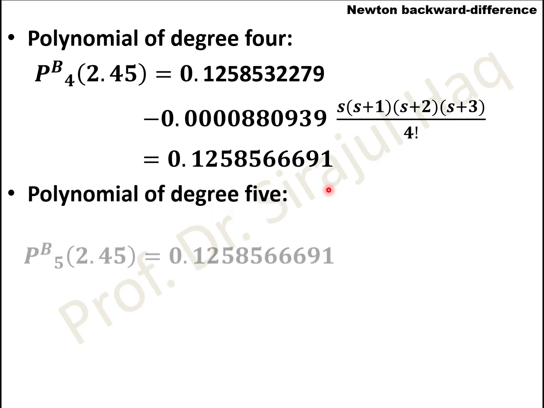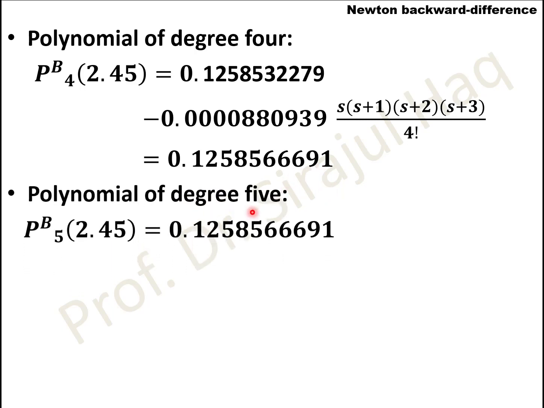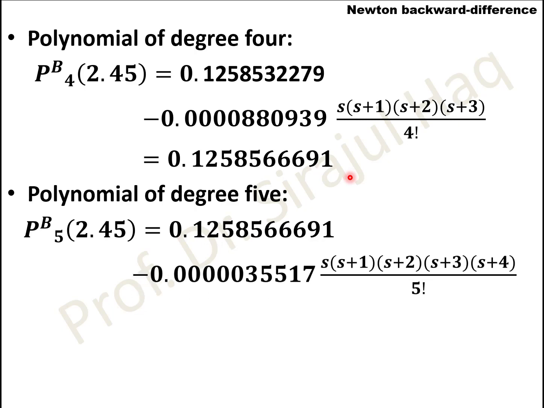Polynomial of degree 5. This value is coming from the polynomial of degree 4 plus the next term, when in the summation k starts from 1 up to 5. So minus s5. There will be 5 terms, and if you take the minus sign common from all these, overall the sign is minus, but in the formula there was minus 1 raised to the power 5.